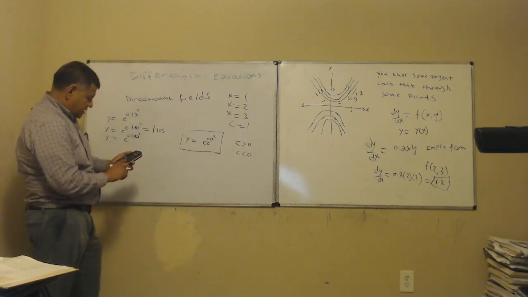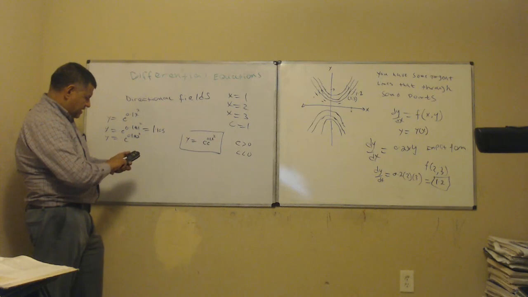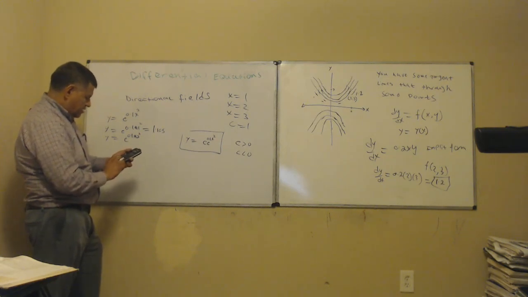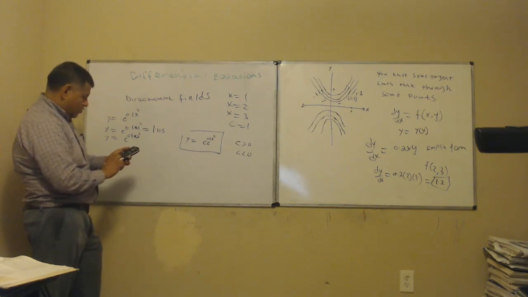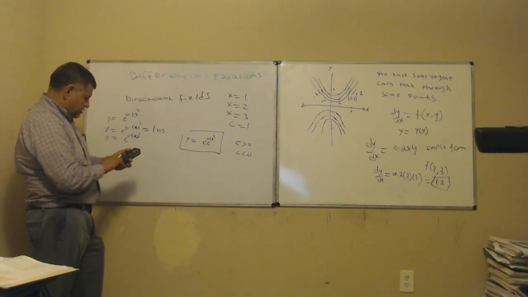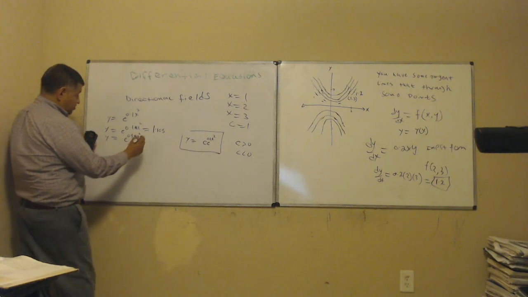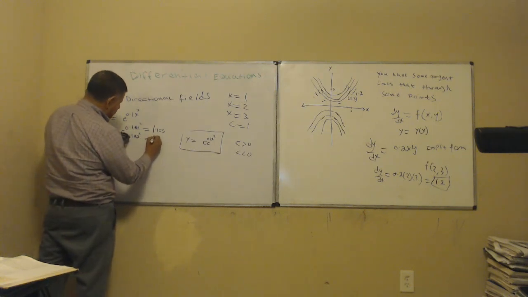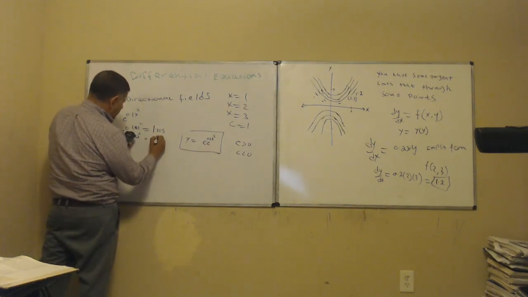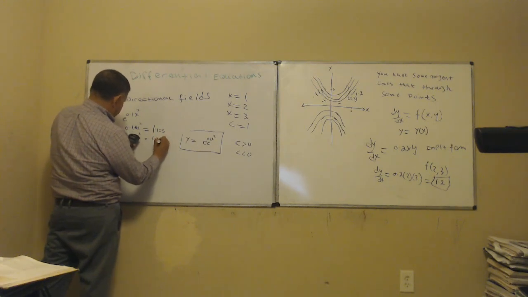Then if we do that, it's going to be 1 times 2 squared. It's going to be 1.49.